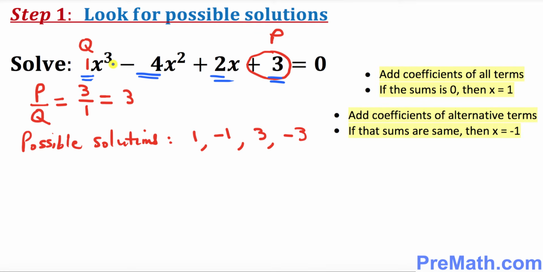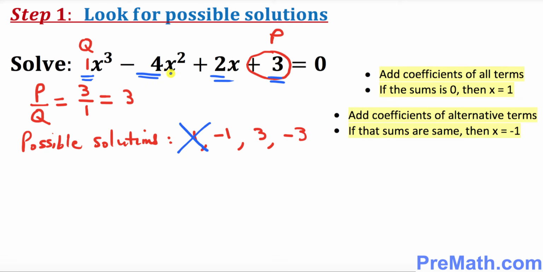As you can see, when you add these coefficients, they do not yield 0. So that means x equal to 1 is not going to be our solution. So we're going to rule this out. So 1 is not our solution.